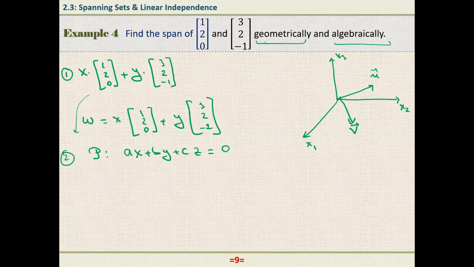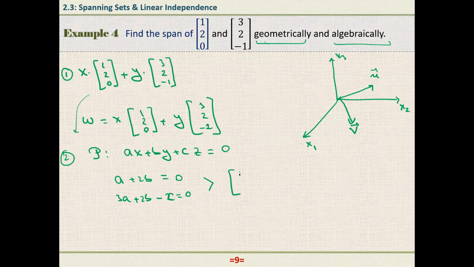If you substitute the first vector, we have a plus 2b, and the third component is 0, so that equals 0. And for the second vector we have 3a plus 2b minus c, that's equal to 0. Now how do we determine the values of a and b? We need to solve this system.